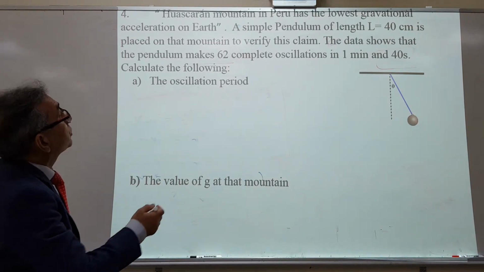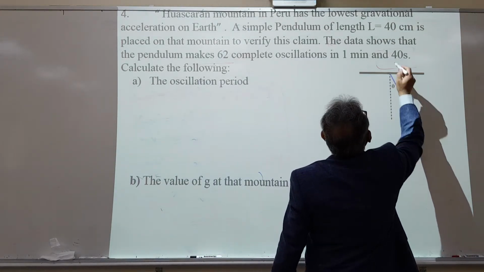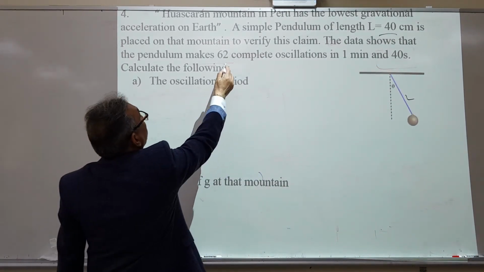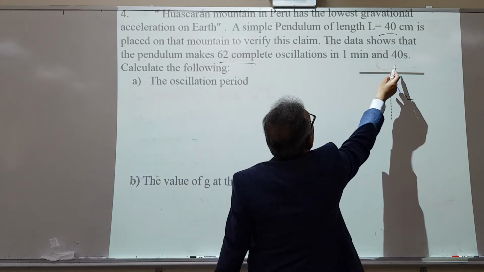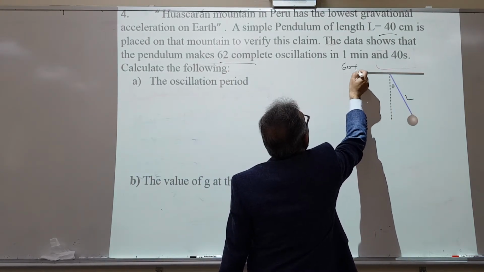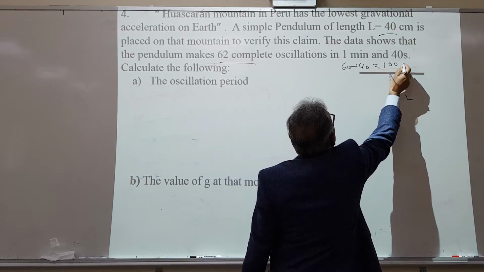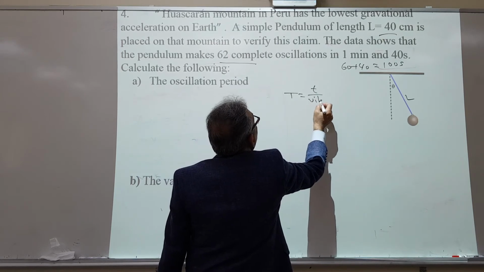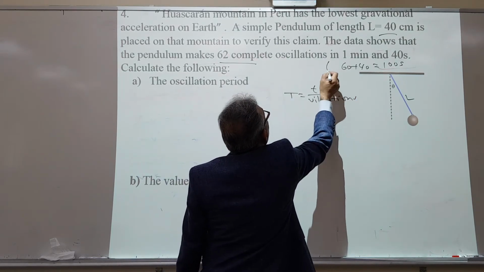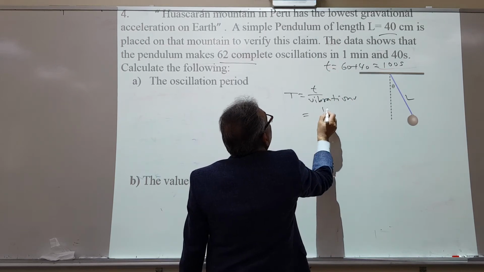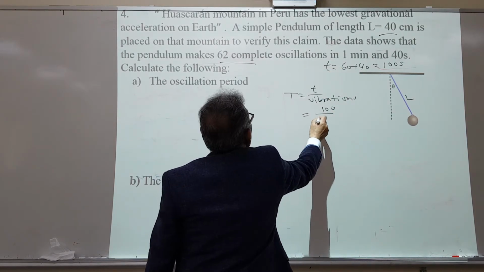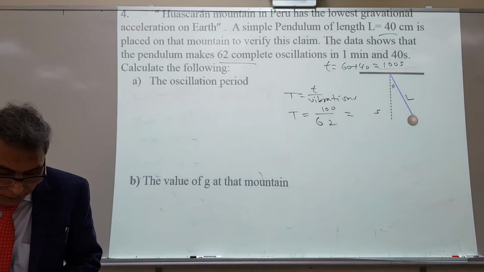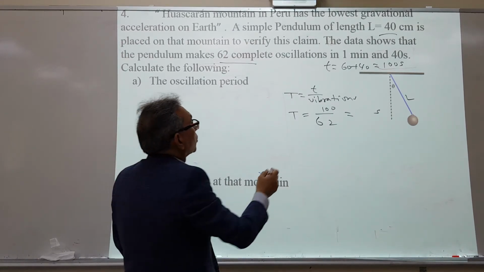L is given to you at this location, and 62 vibrations in 1 minute and 40 seconds. 1 minute equal to 60 seconds, 60 plus 40, 100 seconds. So time period is equal to time over vibrations. Time is 100, vibrations are 62. So you get the time period in seconds, 1.61.